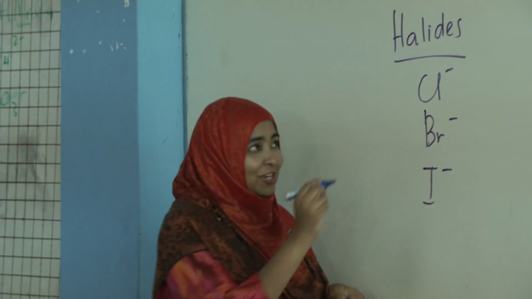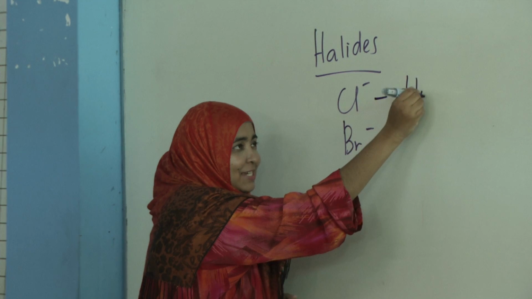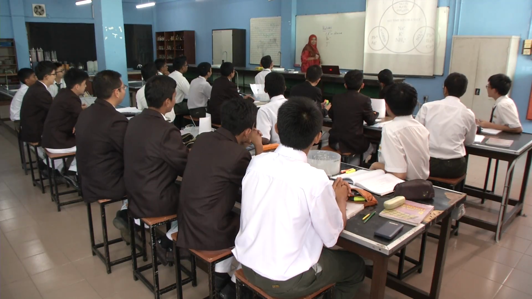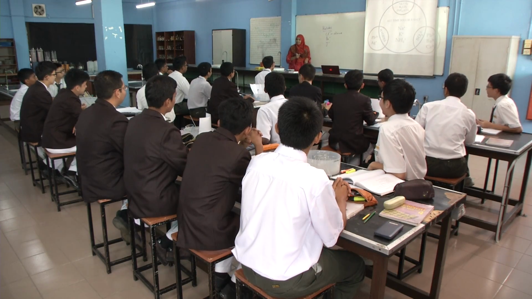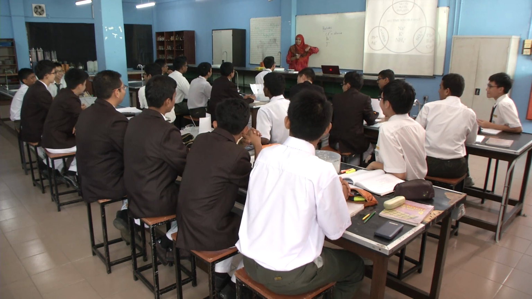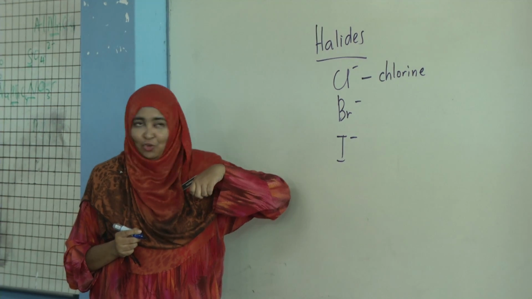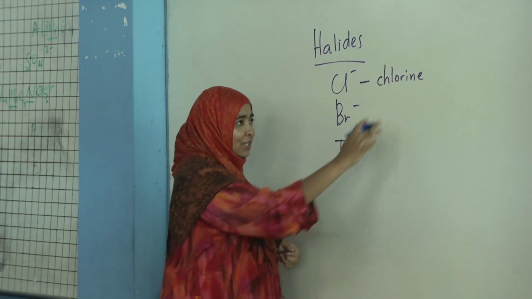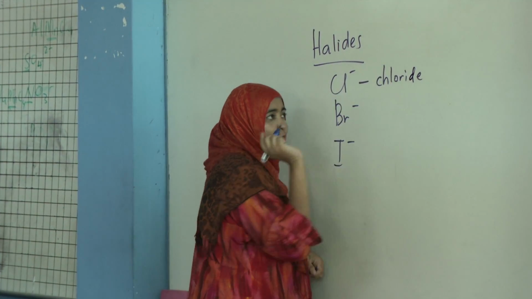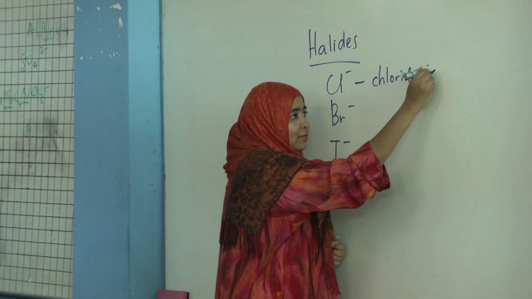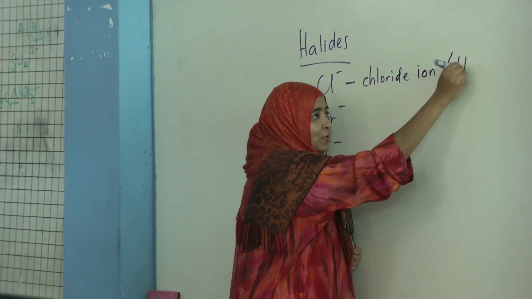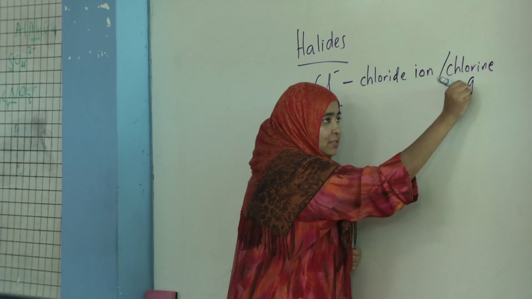Chlorine, bromide, iodide. Is it correct? No. What is the correct answer? Chloride. Okay. Now, we say that this is chloride ion, but we say chlorine gas.